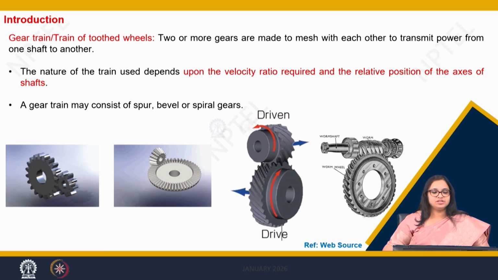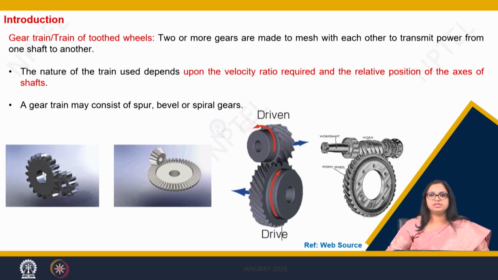Well, in last class we have discussed the toothed wheels or toothed gears. So, what did we understand in last class? That when two gears or friction wheels are attached to each other, and we have to transmit power from one shaft to the other, the power can only be transmitted when the friction between these two friction wheels is sufficient.